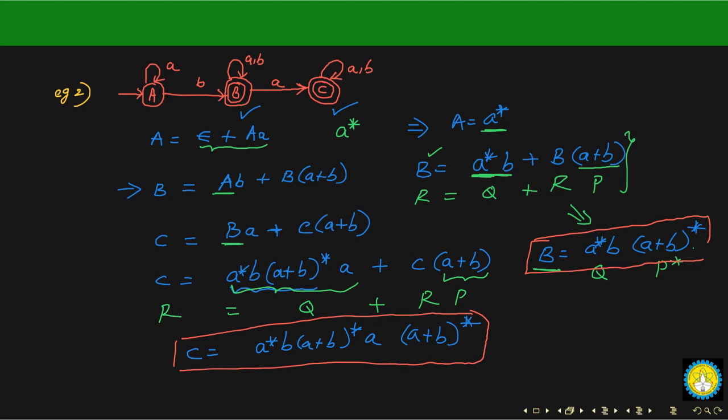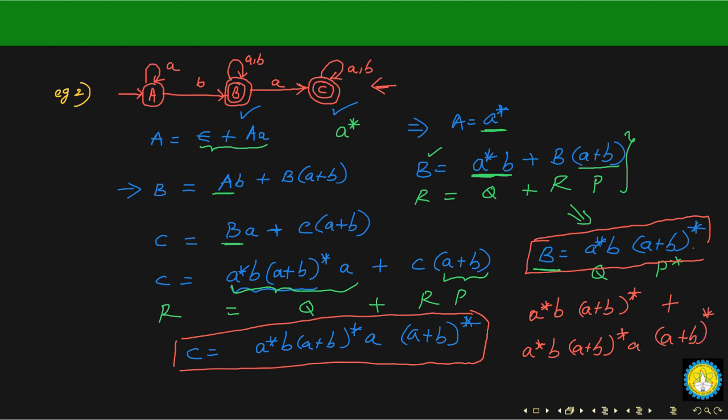So the total solution of this question, the equivalent representation for this particular NFA, is going to be the regular expression for B plus the regular expression for C. So the final solution would be like this: A star B into A plus B star, plus A star B into A plus B star into A plus B star.